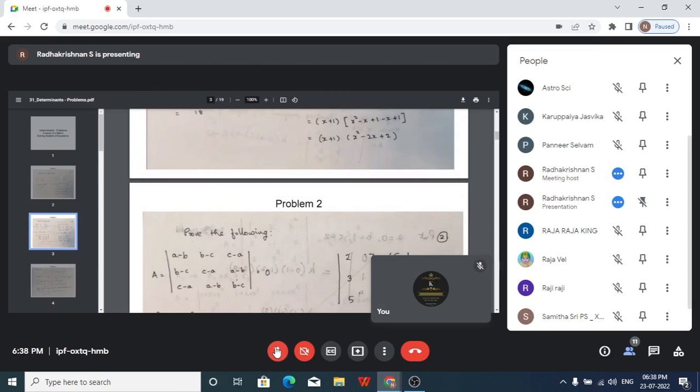Now look at this problem. So what approach can we use to prove this? There is a given determinant and you have to prove that it is equal to 0. Right?